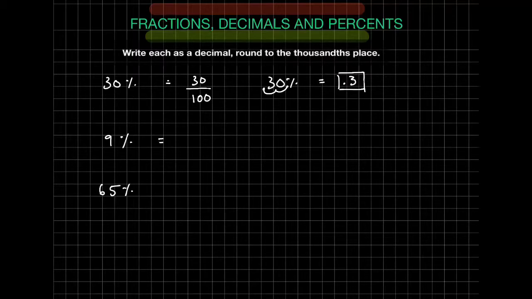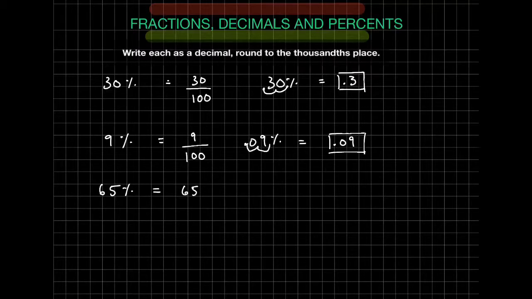Okay, 9%, we know that's going to be 9 over 100. So we have 9%. We're just taking that decimal 1, 2. Okay, so 0.09. That's 9% written as a decimal, 0.09.